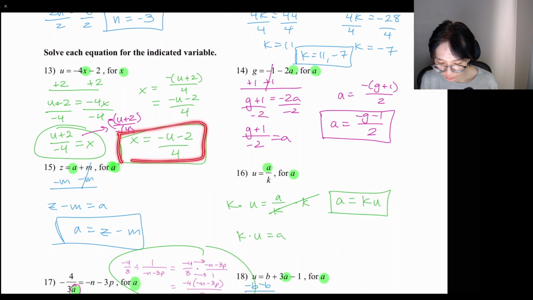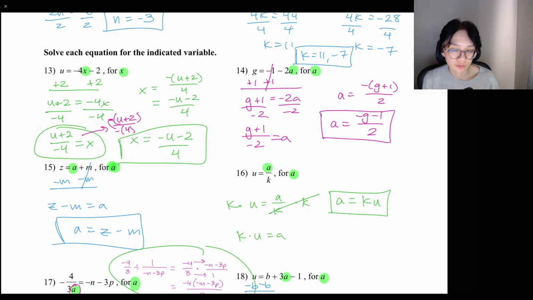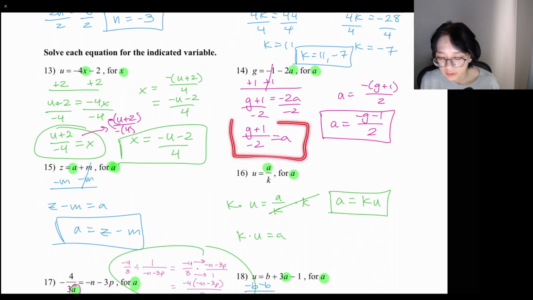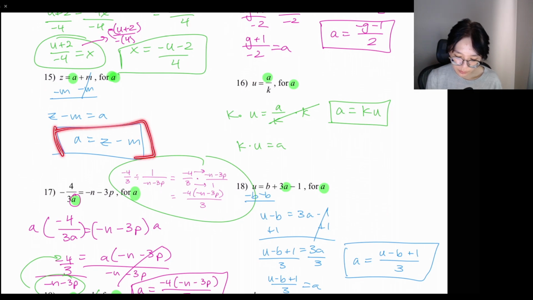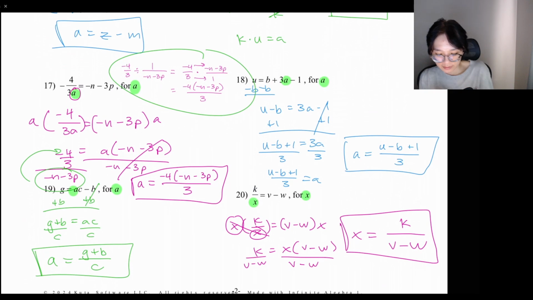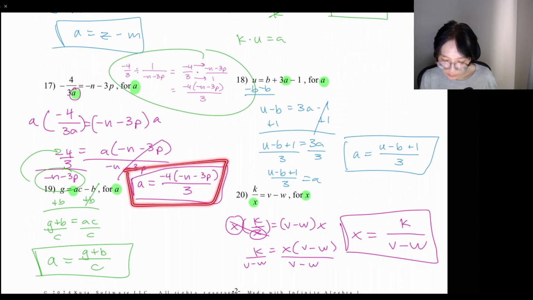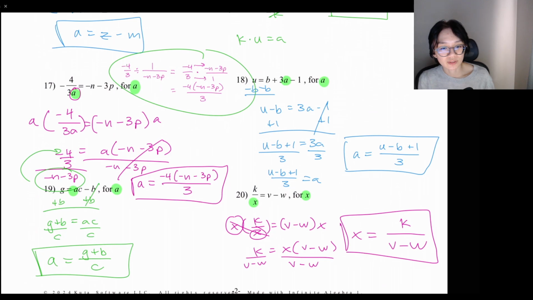13, X is equal to -U minus 2 over 4, or U plus 2 over -4. 14, A equals -G minus 1 over 2, or A equals G plus 1 over -2. 15, A equals Z minus M. 16, A equals KU, or K times U. 17, A is equal to -4 times parentheses -N minus 3P over 3.